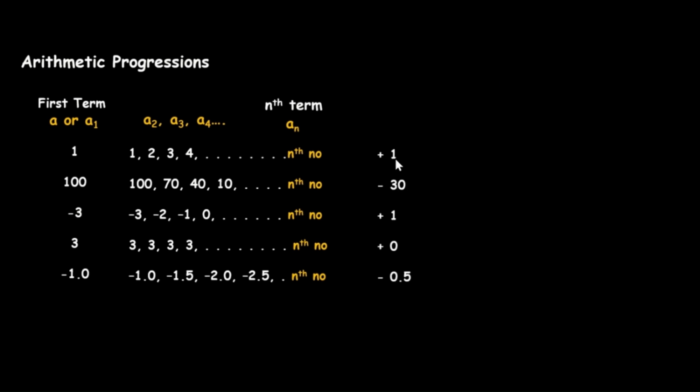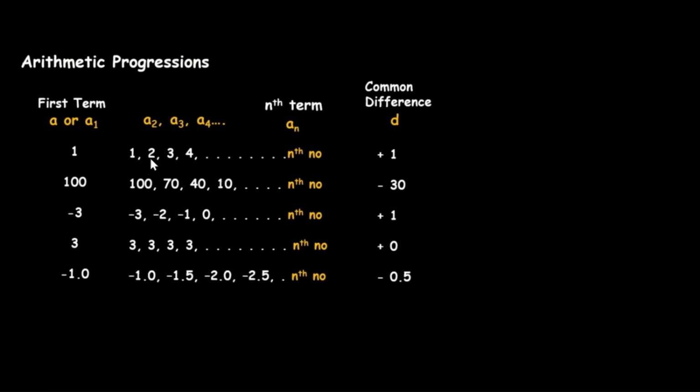And the constant number which we add to the preceding number to get the next number is called common difference, indicated with symbol d. So as we have discussed, except the first number, the rest of the terms are obtained by adding the common difference or the constant number to the preceding number.